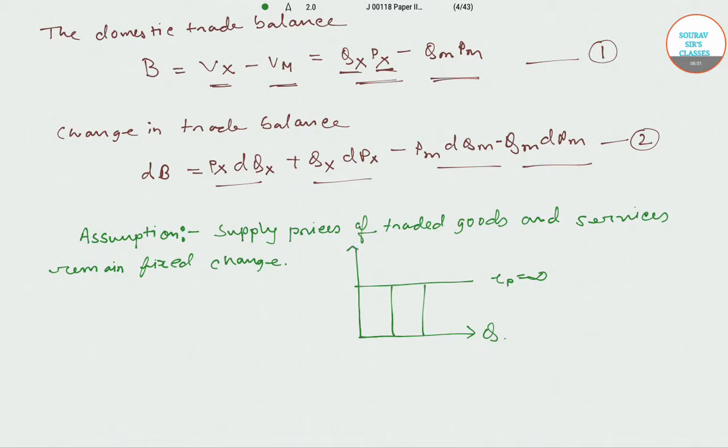Since we are looking at the trade balance in terms of domestic currency, dPM is equal to 0, because the price of imports does not change.